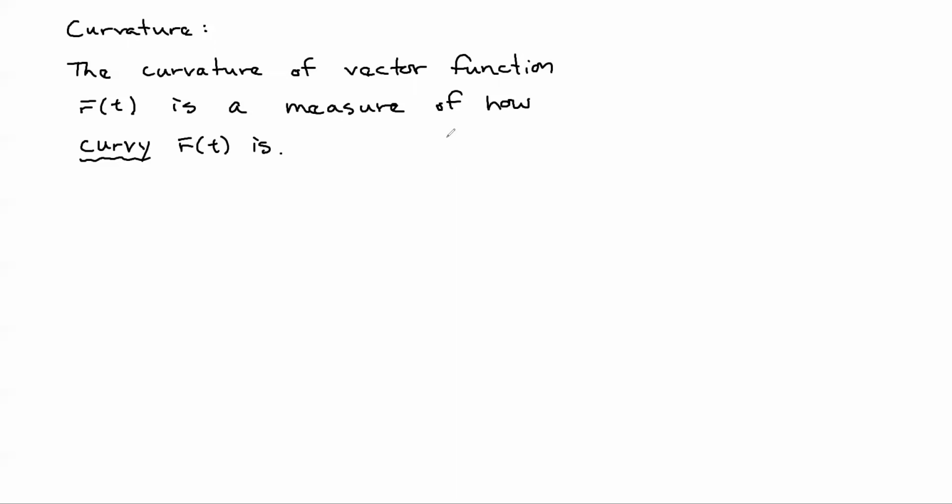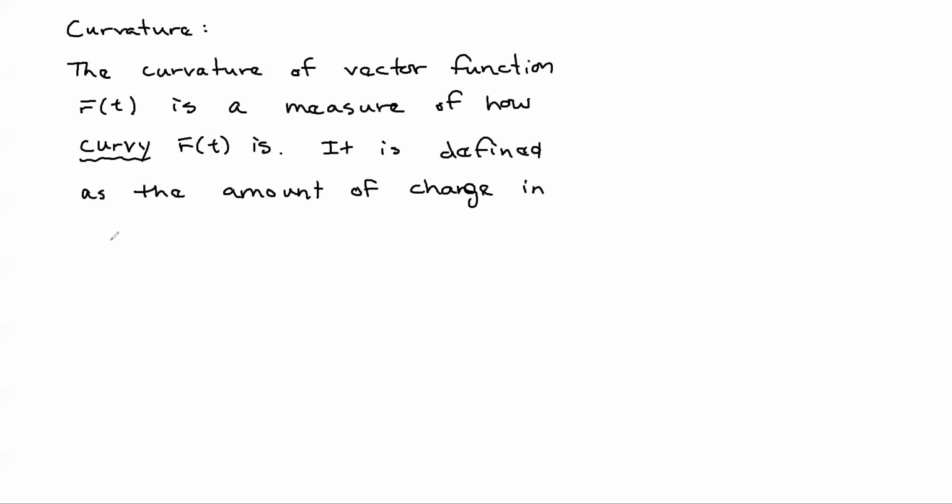The way that we are going to define it, and we're going to go through the definition carefully to explain how it measures curvature, is as the amount of change in the unit tangent vector divided by the amount of change in distance along the curve.